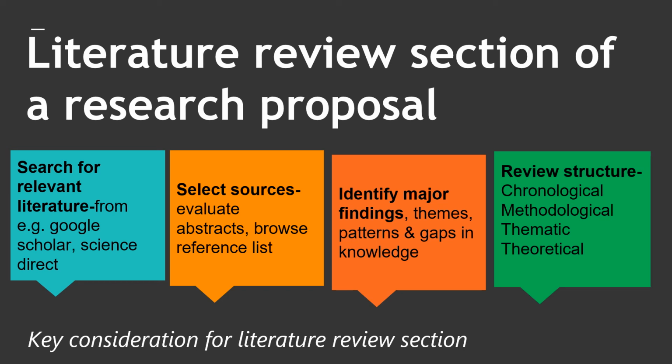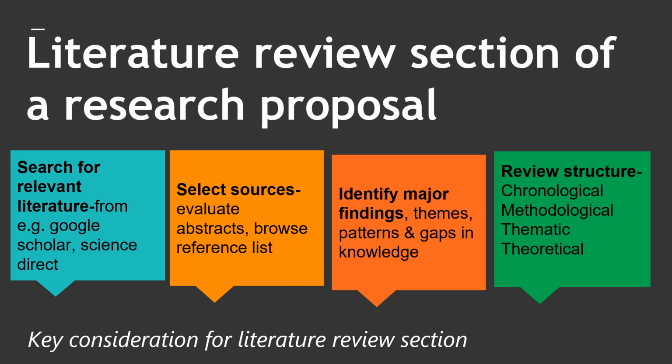Another way, which is really common in most proposals, is the thematic structure, where as you read through your manuscripts, you identify common themes. Then when you write your literature review, you put subheadings based on the key themes that emerged from the literature.